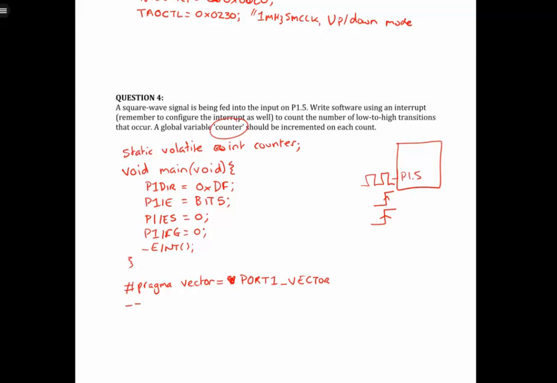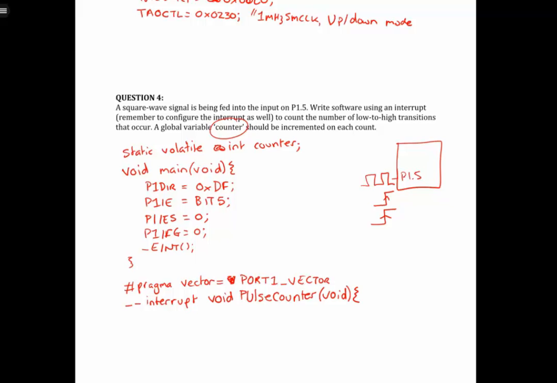We say interrupt. We don't have a return value. We'll call it pulse counter, because that's essentially what we're doing. We're counting a number of pulses as they come in. We don't have any value that we pass to this.